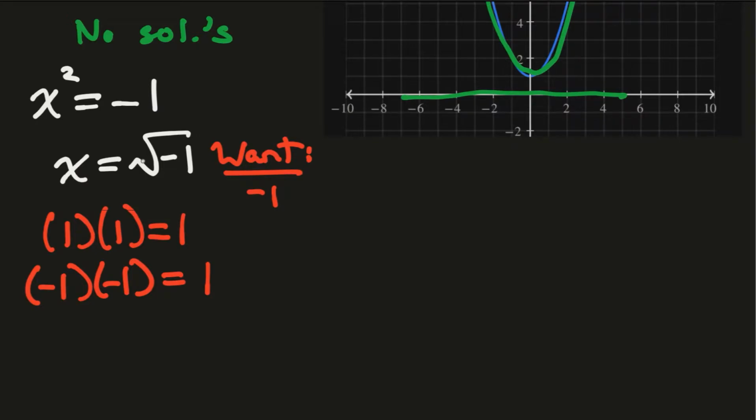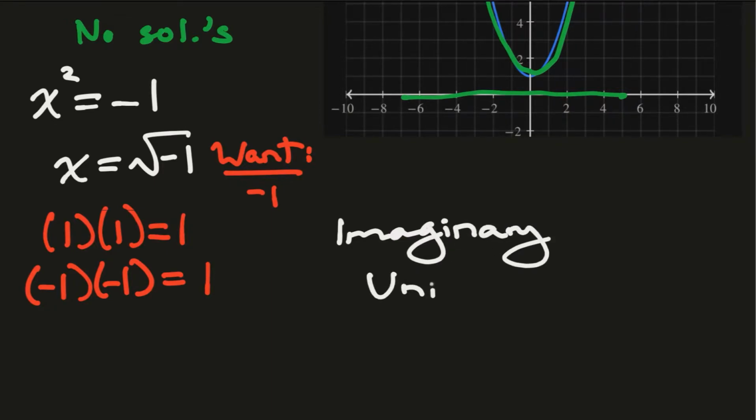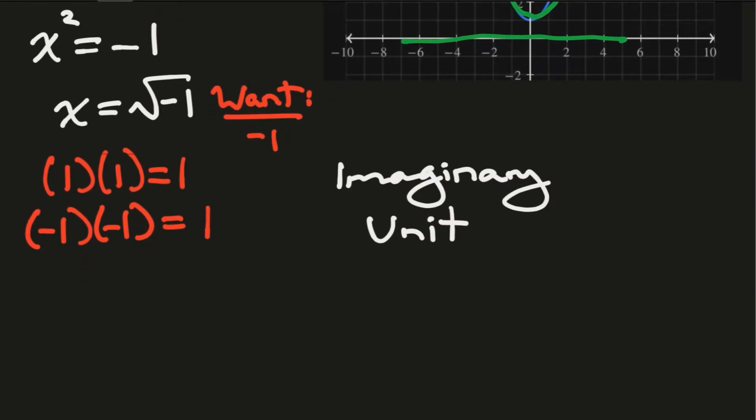So due to problems like these, mathematicians have come up with a new unit, the imaginary unit, in which we say that the square root of -1 is equal to some imaginary number that will let us complete this equation.